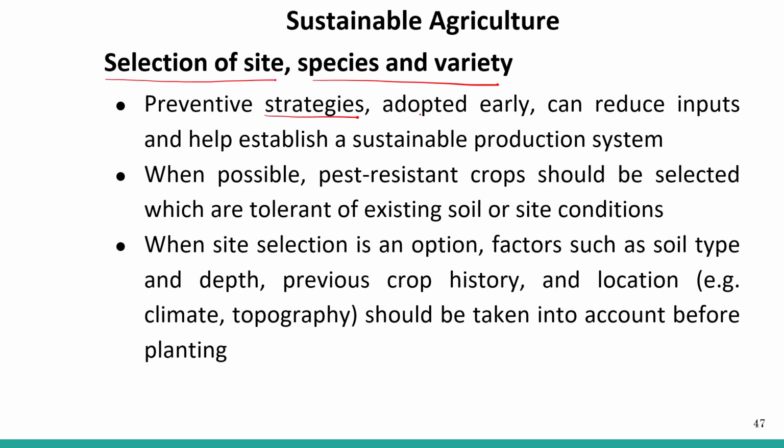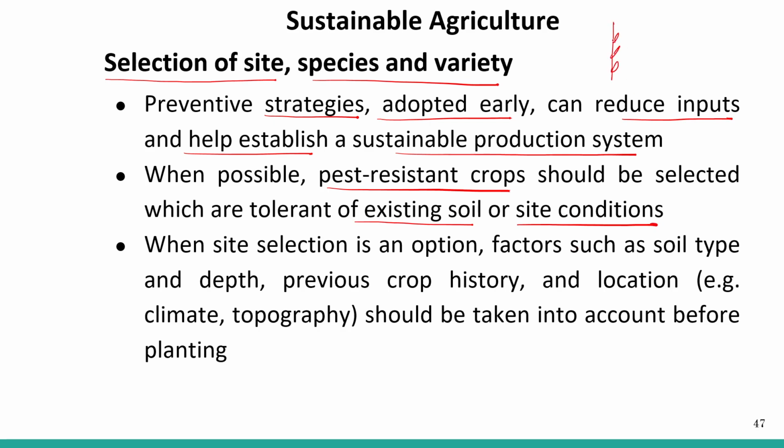Preventive strategies adopted early can reduce inputs and help establish a sustainable production system. So what are those preventive strategies? When possible, pest-resistant crops should be selected which are tolerant of the existing soil or site conditions. So we are selecting a crop that has the following characteristics. First, it is pest-resistant.